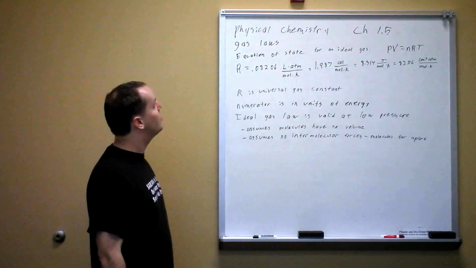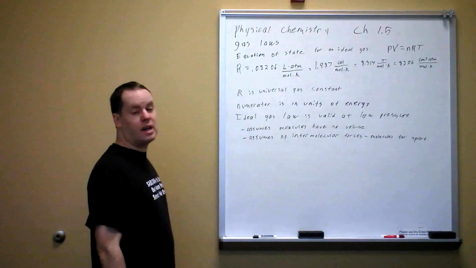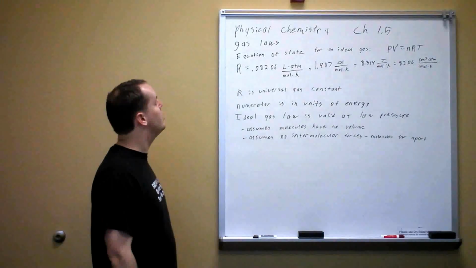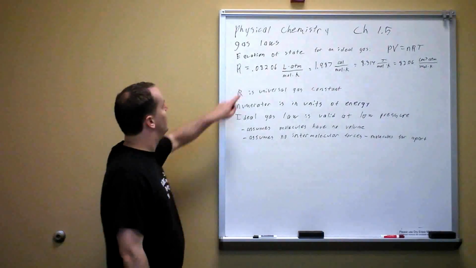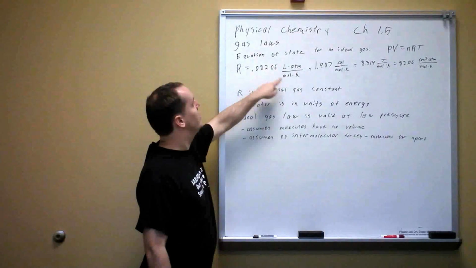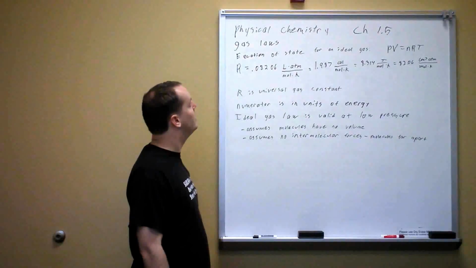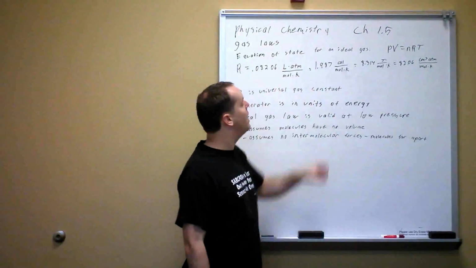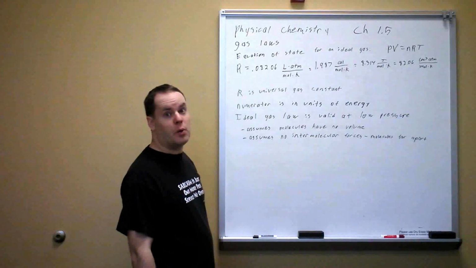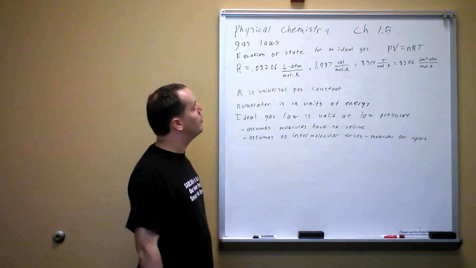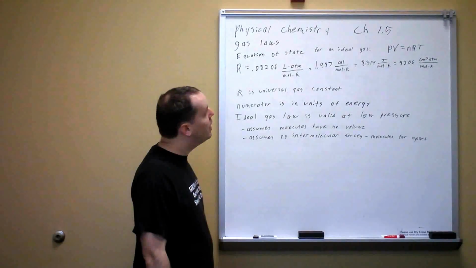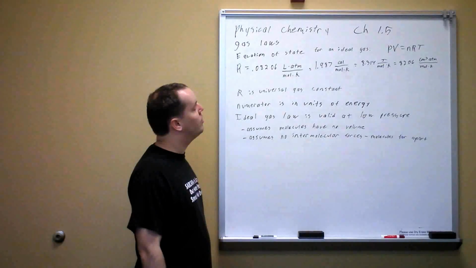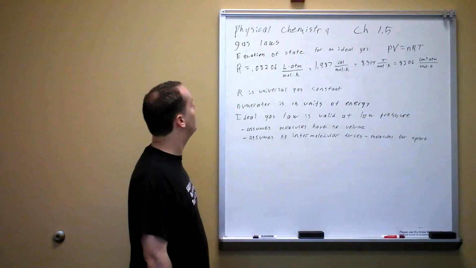Now R is called the universal gas constant, and it can be written in different ways depending on what unit system you are using. For example, you have 0.08206 liter atmospheres per mole Kelvin, or you have 1.987 calories per mole Kelvin. The one that we're almost always going to use is 8.314 joules per mole Kelvin. And then the final one is 82.06 centimeters cubed atmospheres per mole Kelvin.